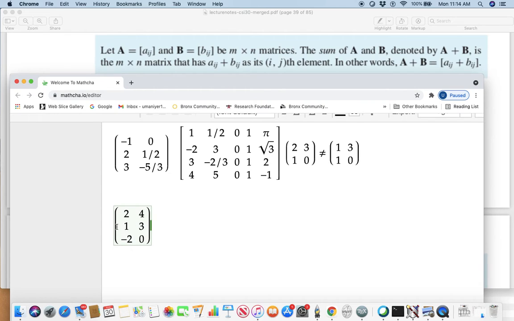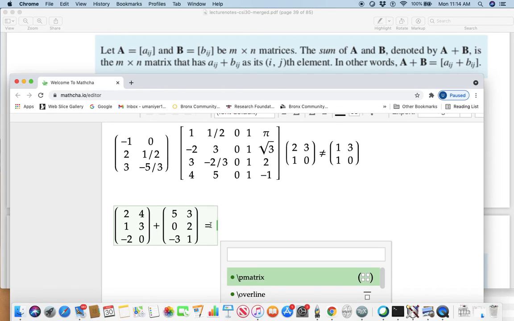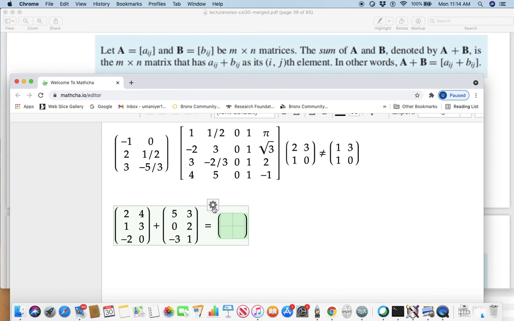That's one matrix. I need to add two matrices, so I need them to be of the same size. So instead of 2, here I have say 5, 0, negative 3, 1, 2, 3. So how do I add these two matrices? Well, I will add them basically term wise.